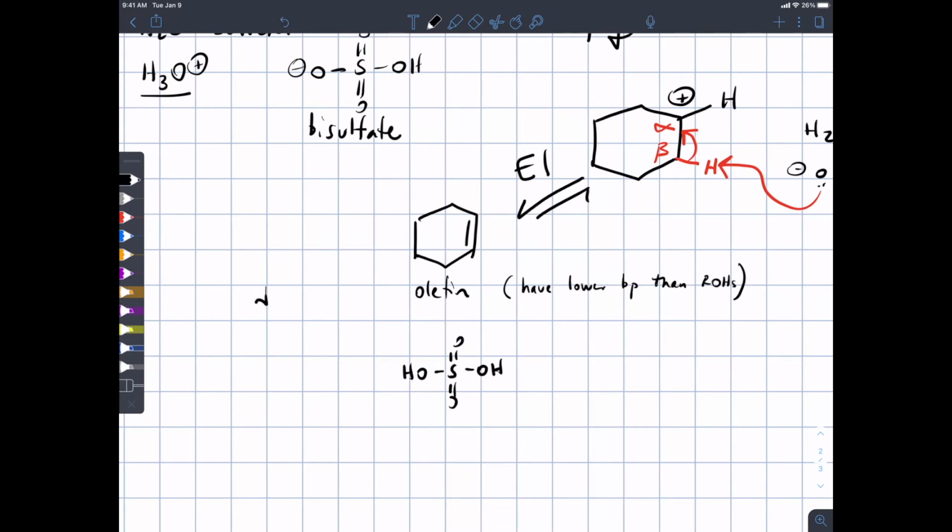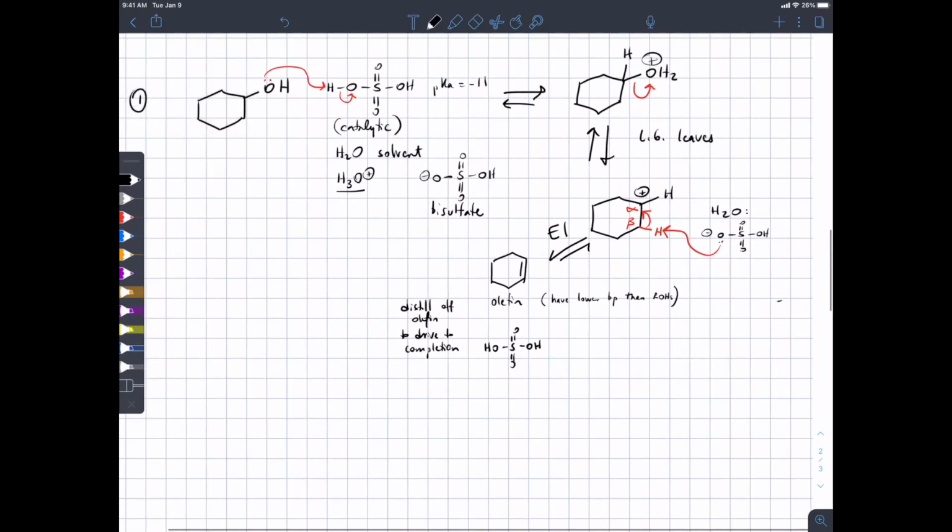And so you can actually distill off the olefin to drive the reaction to completion. This is an example of Le Chatelier's principle. If you remove the olefin from the equilibrium, the backwards rate slows down and the forward rate can win. In contrast, we'll see if you have the olefin and you want to end up with the alcohol, you just need to add an excess of water.